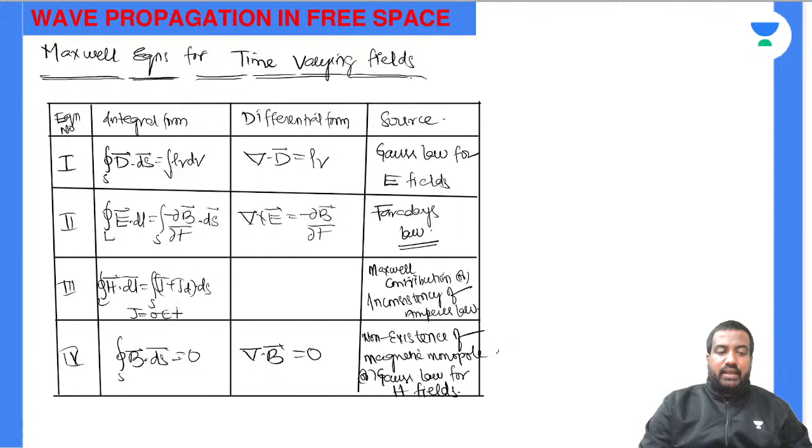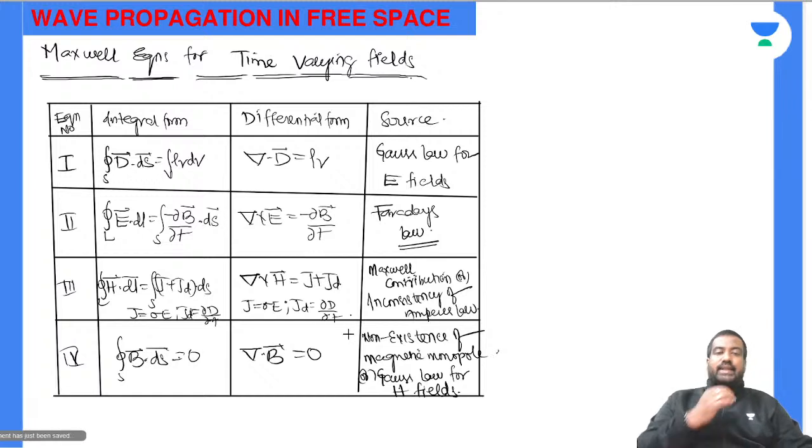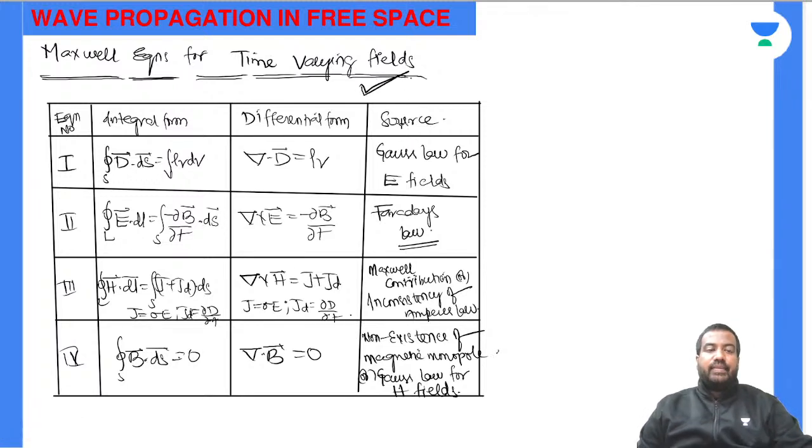J is sigma E, JD is dou D by dou t. This implies del cross H is J plus JD, J is sigma E, JD is dou D by dou t. This completes Maxwell equations for time varying fields.